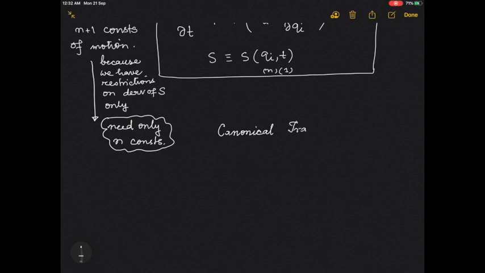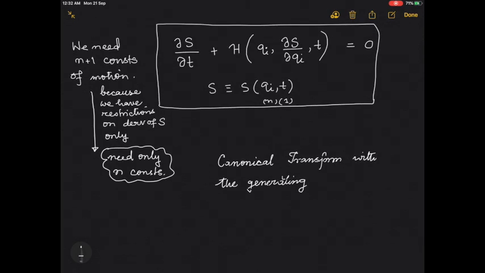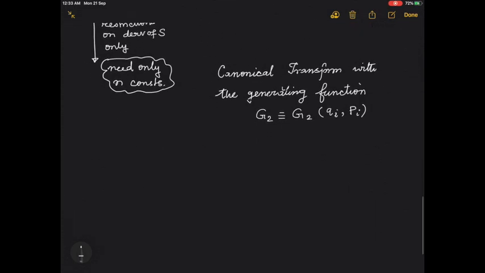So let me remind you of this canonical transform with the generating function, I think we called it G2, which is the one where the capital Q was replaced by capital P. Okay.